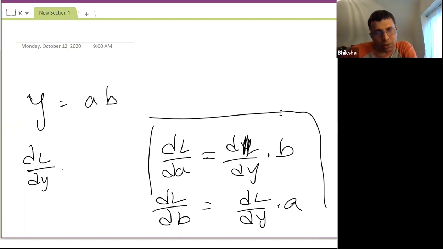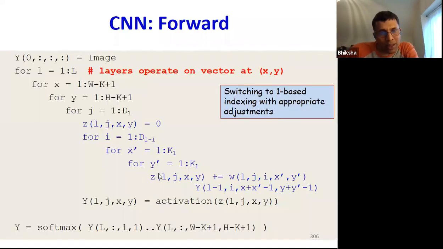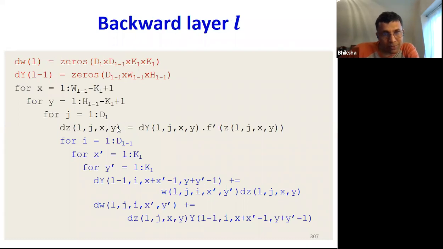This is just a standard chain rule, and we can just use that. So z equals wy. So if I have the derivative with respect to z, which is simply obtained by multiplying the derivative with respect to y by the derivative for the activation, then I can just say that the dy for the previous layer plus equals w times the derivative for z, and the derivative for w is simply going to be dz times y.